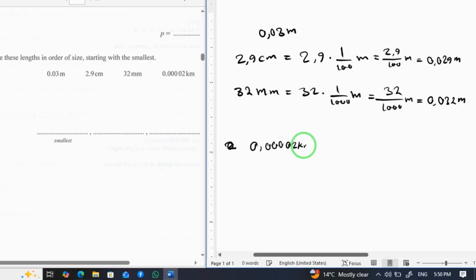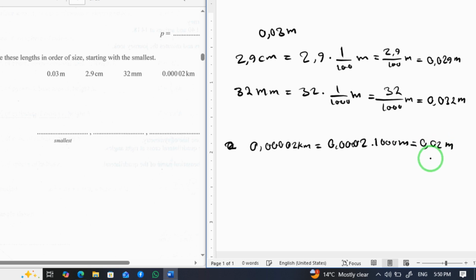And the last one is 0.000402 kilometer. We convert to meters. 0.000402 multiplied by 1000 meter, because 1 kilometer is actually 1000 meters. So 3 decimal places move to the right here, actually here 0.402 meter.